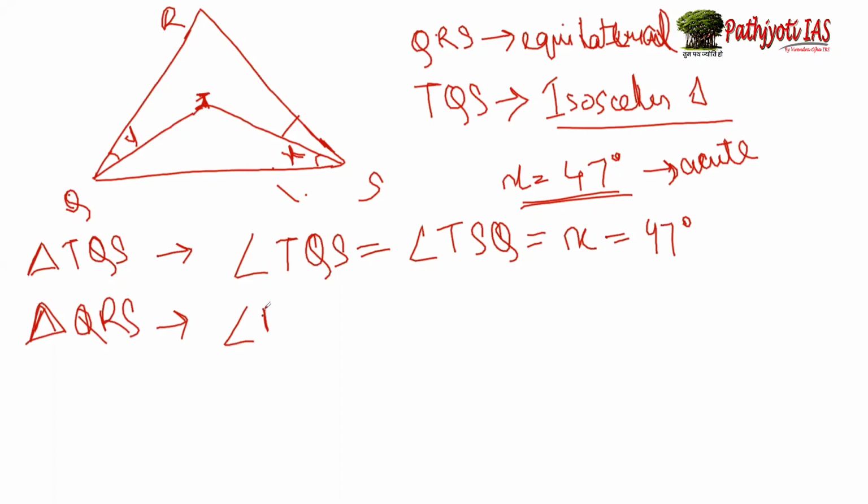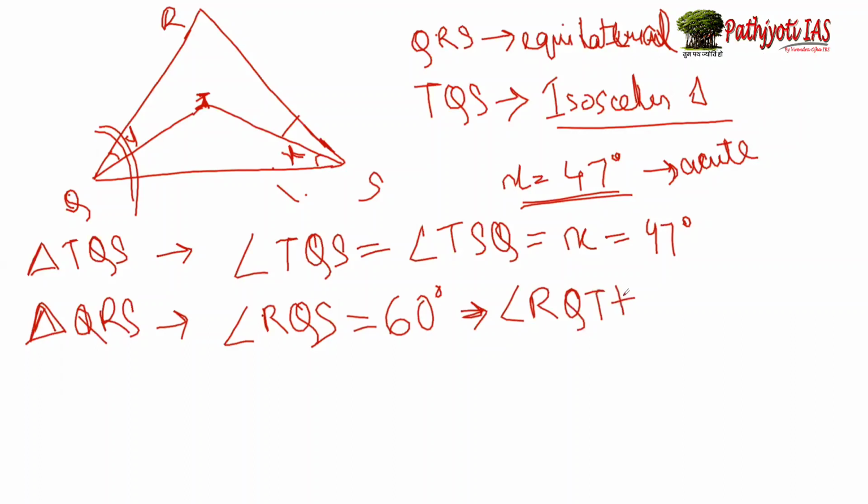This angle RQS, this huge angle, not Y, ये वाला, ये RQS जो है, ये is equal to 60, है ना? अभी फिर RQT plus TQS, that is equal to 60.